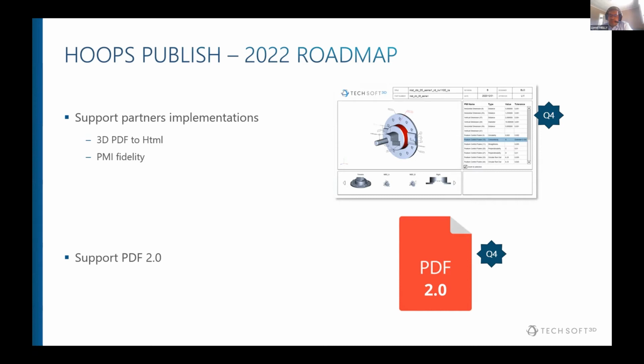Some of you may have heard about PDF/A-4e. This new version of PDF is based on the PDF 2.0 specifications. In doing this, we will also support some initiatives from the PDF Association, where several of our OOPS Publish partners are members, as well as ourselves, Tech Soft 3D.